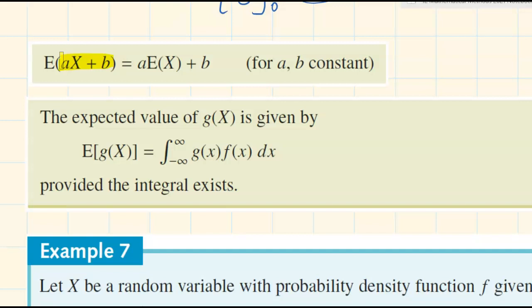We're actually able to manipulate that, and you can separate it out into this form here. So the expected value of a number times that random variable x plus b is going to be equal to a times the expected value of x, and then you just add the b on at the end.